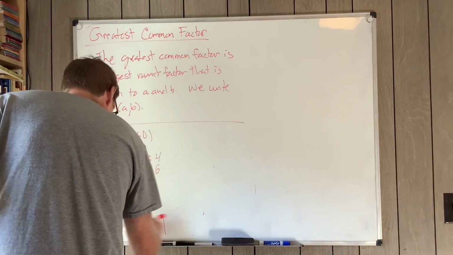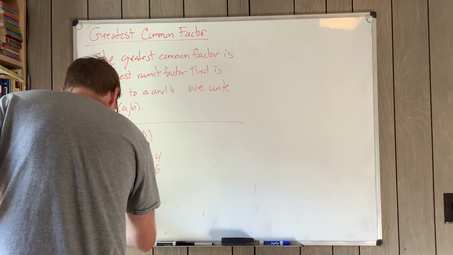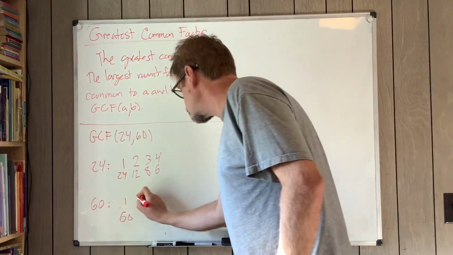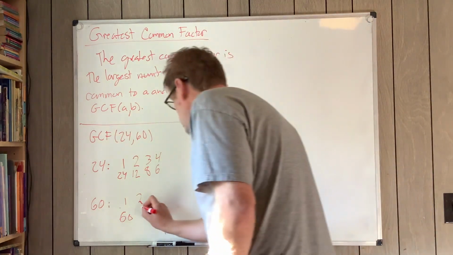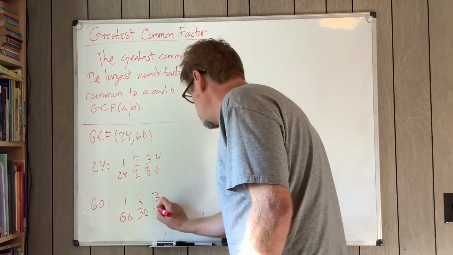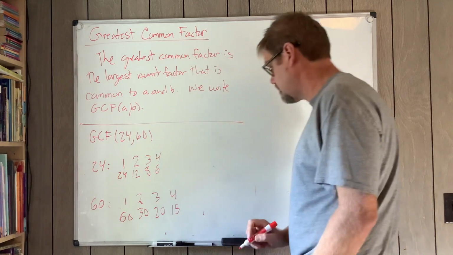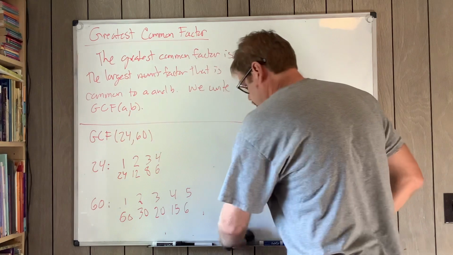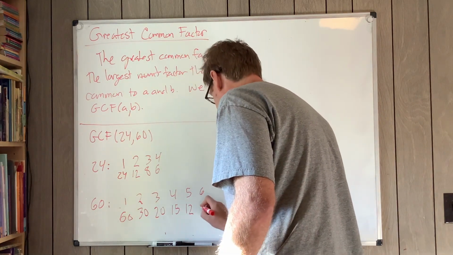We do the same thing with 60. So 1 and 60. We have 2 and 30. 3 goes in 20 times. 4 goes in 15 times. 5 goes in 12 times. 6 goes in 10 times.